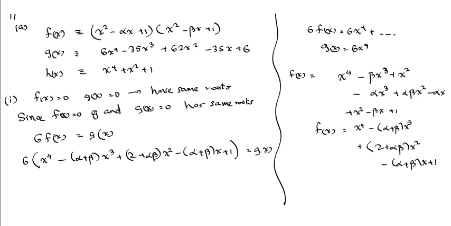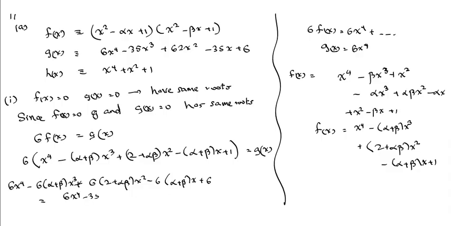Okay, 6x to the power 4 minus 6 times alpha plus beta x to the power 3, plus 6 times 2 plus alpha beta x to the power 2, minus 6 times alpha plus beta x plus 6. This is equal to 6x to the power 4 minus 35x to the power 3 plus 62x to the power 2 minus 35x plus 6.